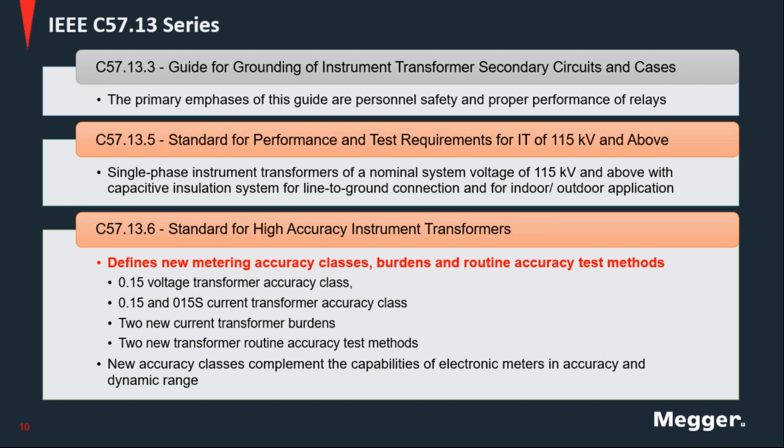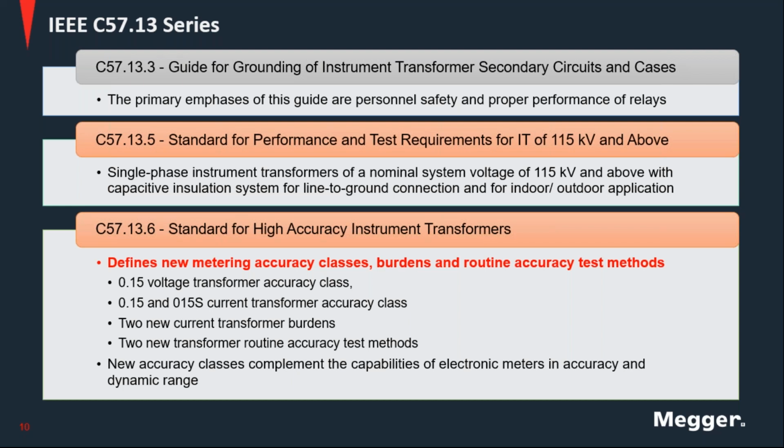Now we have electronic meters, and smaller versions that connect to these CTs, and we need higher accuracy requirements. So this standard defines new metering accuracy classes, new burdens, and new test methods. It is also a very important reference document for this topic.